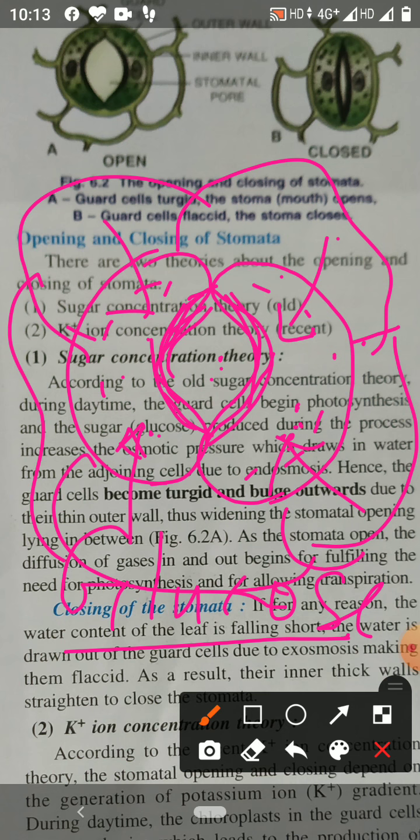Molecules of water pass out into the adjoining cells. Then the guard cells become flaccid. Due to the flaccidity, the inner thick wall straightens, as I have shown in this structure, and the stomata close. This is the opening and closing of stomata according to the sugar concentration theory.